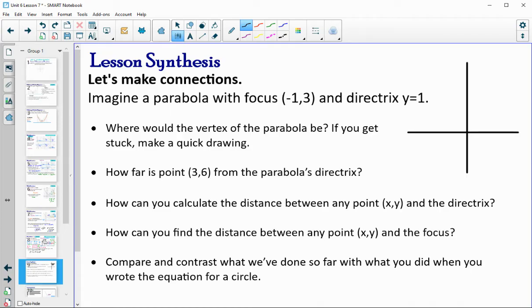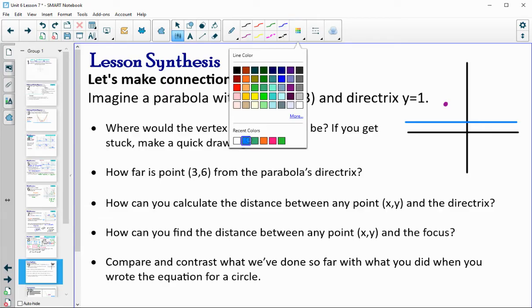All right, so imagine that we have a parabola with a focus of -1, 3, and you can draw a quick sketch of this. So -1, 3 would be here. A directrix, remember that's a line at y equals 1. Okay, so horizontal line at y equals 1. Where would the vertex be here?